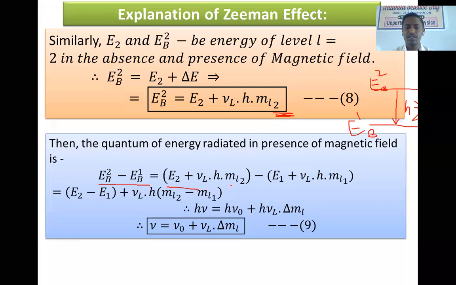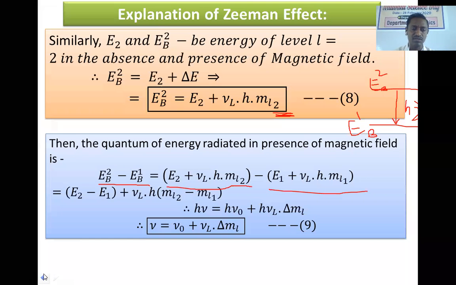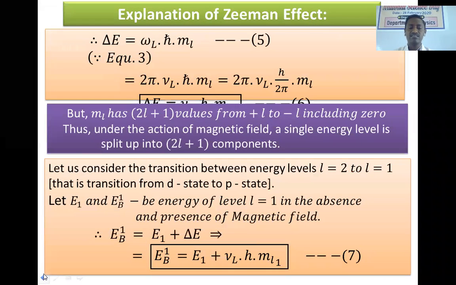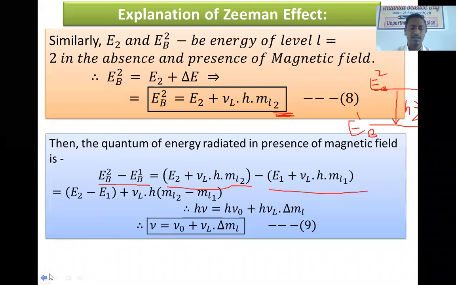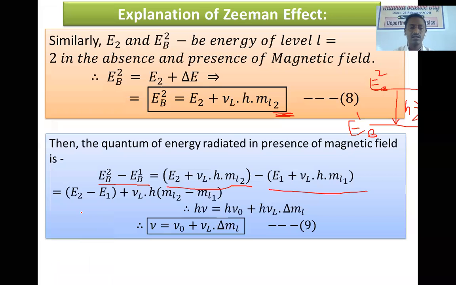Now put the value of EB2 from equation number 8 as E2 plus nu L H Ml2, minus the value of EB1 from equation number 7, as E1 plus nu L into H Ml1. Therefore, our equation will be E2 plus nu L H Ml2 minus E1 plus nu L H Ml1.